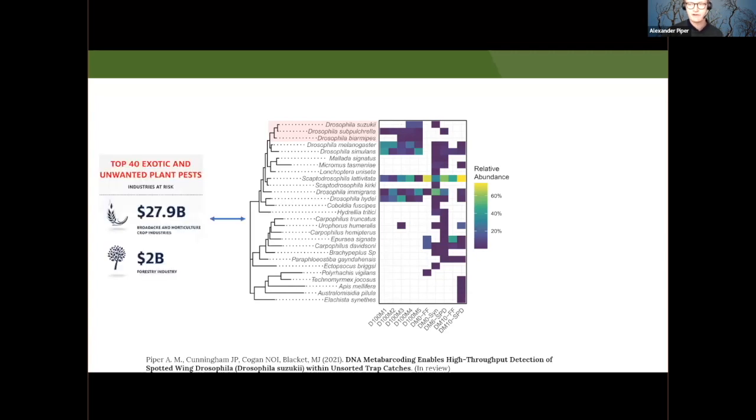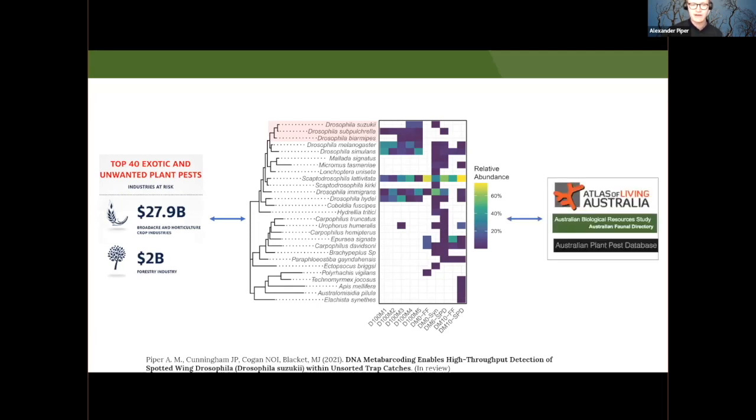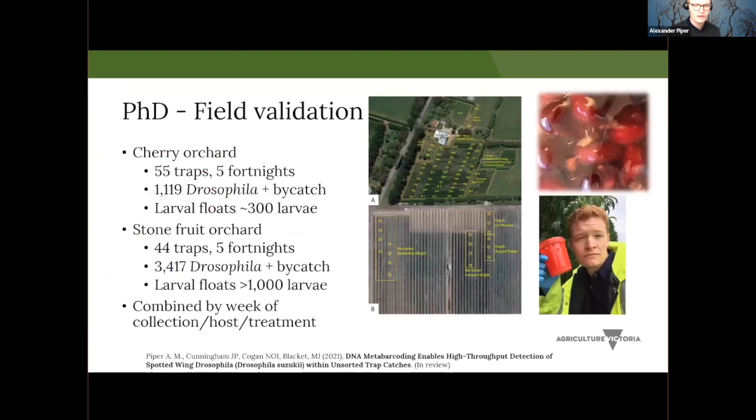Now, with this data, you can compare it to your priority pest list to detect things you're looking for, but you can also compare it to your baseline knowledge of endemic diversity to incidentally detect other taxa that might have been missed by previous targeted surveillance programs.